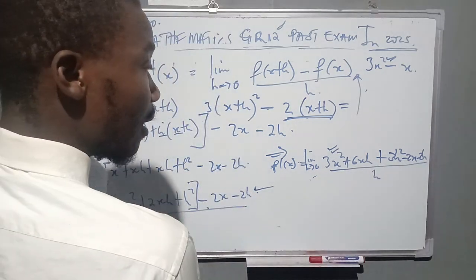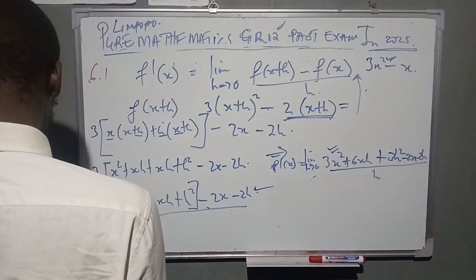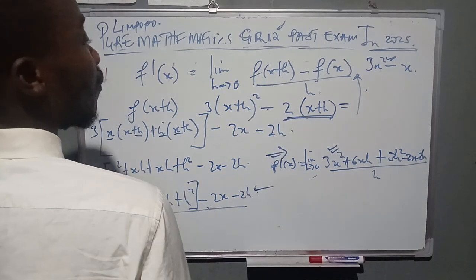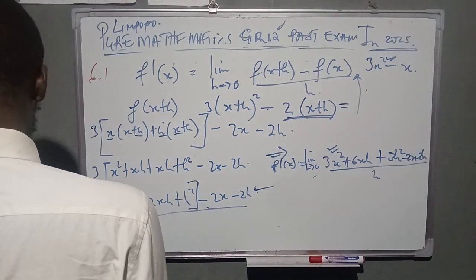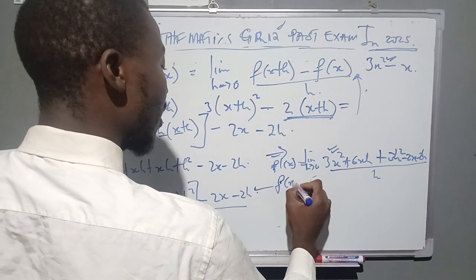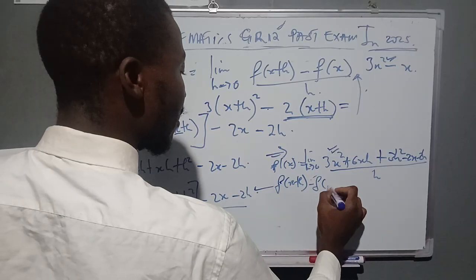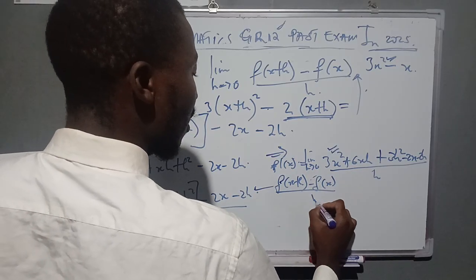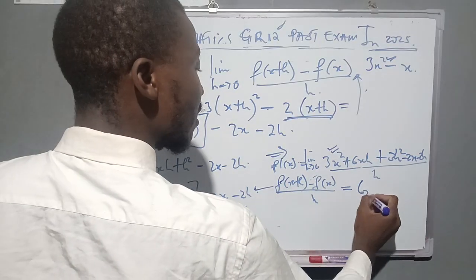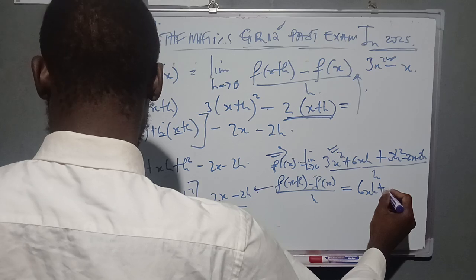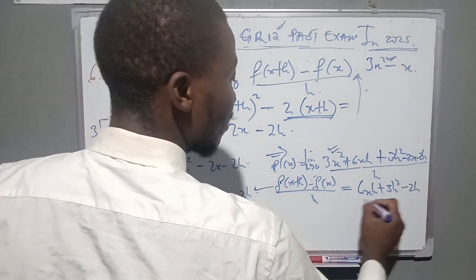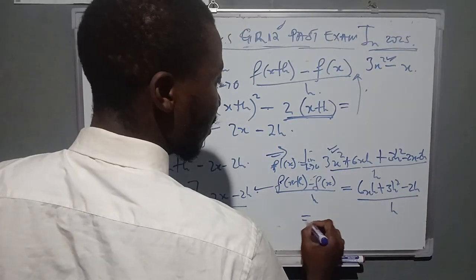Alright, then from there, now we want to find f of x plus h minus f of x over h. So f of x plus h minus f of x over h must give us 6xh plus 3h squared minus 2h over h, like that.